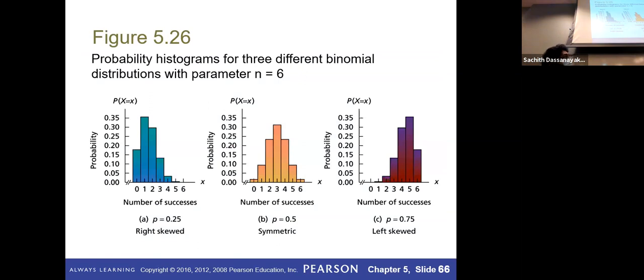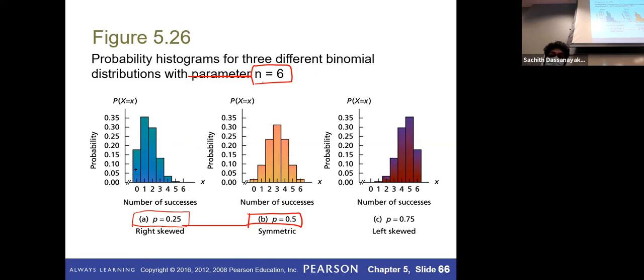In this case, they have shown these figures based on the probability value. What happens when the probability is changing? See, N is fixed, it is 6, and the x values we don't need to worry about. In this case, the probability of success is 0.25, so we have this first histogram. Next, the probability increases to 0.5, so we have this kind of histogram.